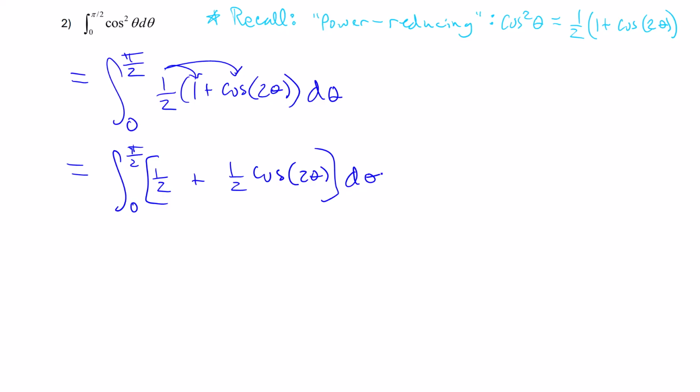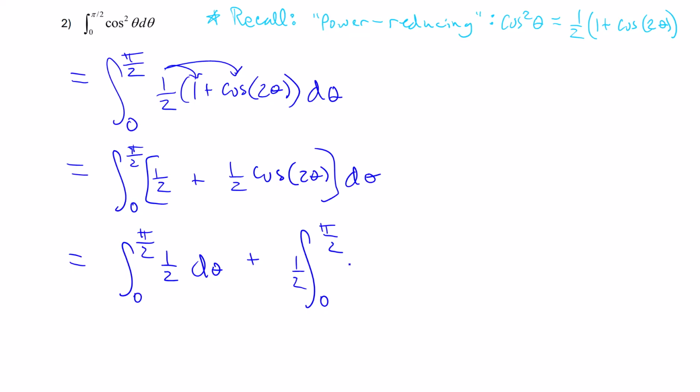But since we know term-by-term integration, where you can take the integral of each term on its own, we could then just split this into two separate integrals from 0 to pi over 2 of 1/2 d theta, the first term, and then plus the integral from 0 to pi over 2 of, now the 1/2 cosine 2 theta could be such that I put the 1/2 constant out in front.